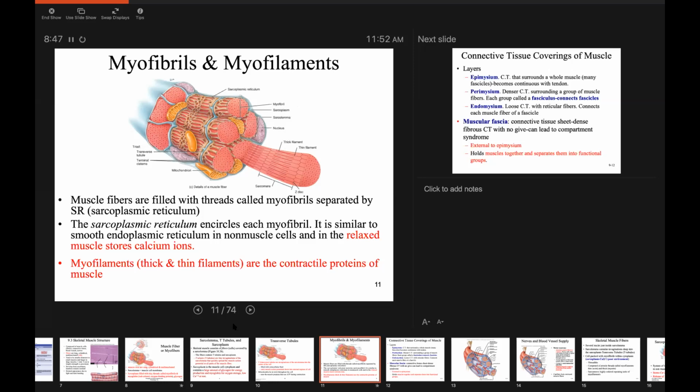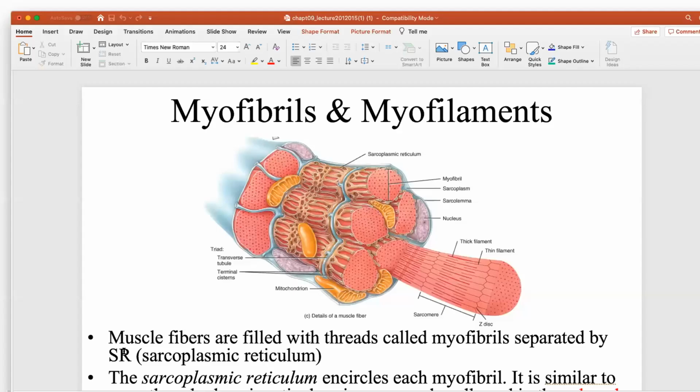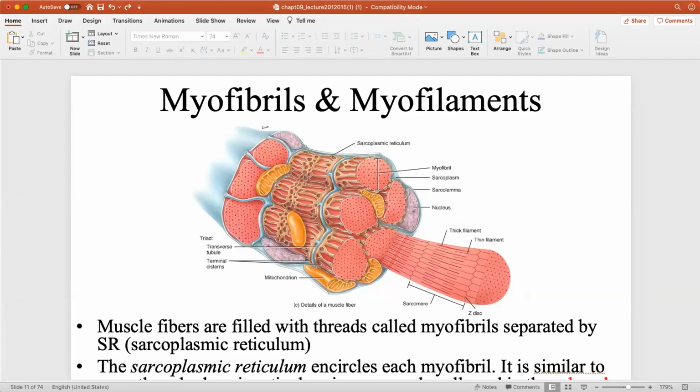So again, the sarcoplasmic reticulum encircles each myofibril, similar to the smooth endoplasmic reticulum in non-muscle cells. And in the relaxed muscle, it stores calcium and concentrates it in the terminal cisterns. So I'm just going to write that up right now, so we can understand that it's in the terminal cisterns that we really store the calcium.